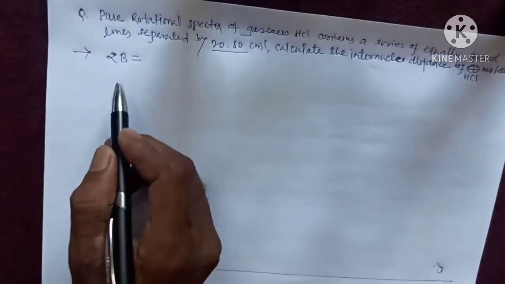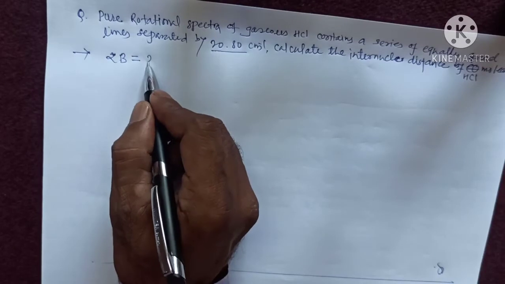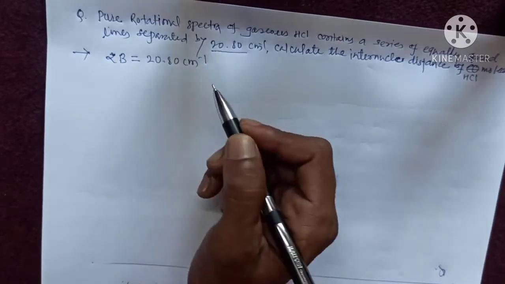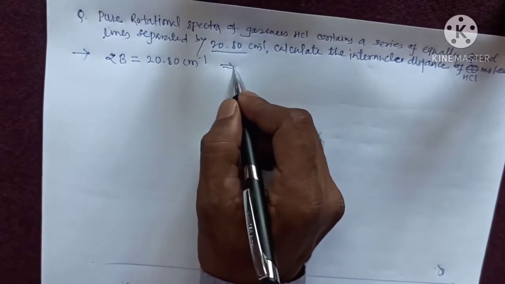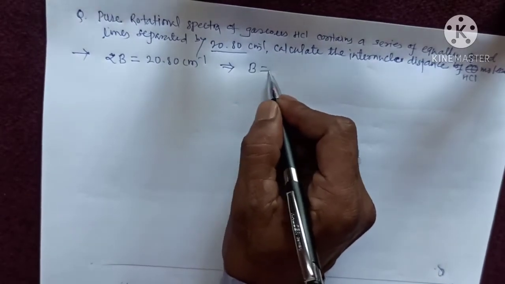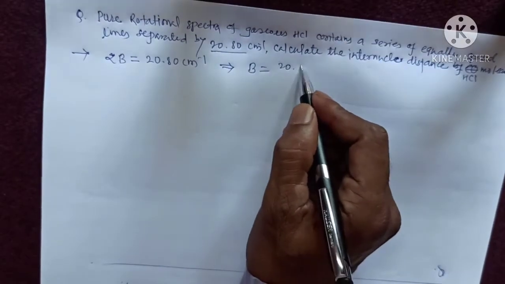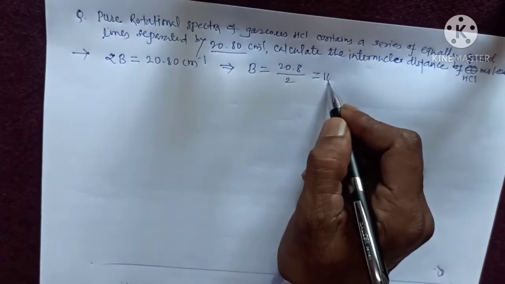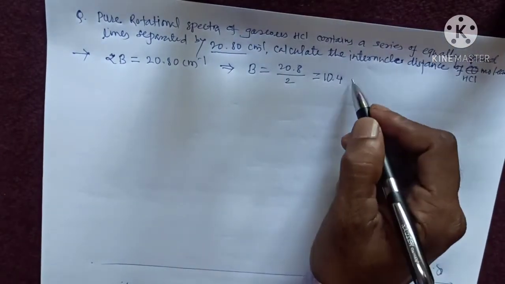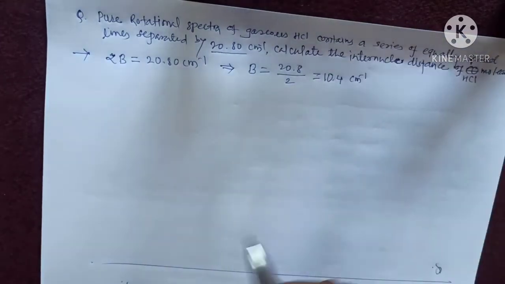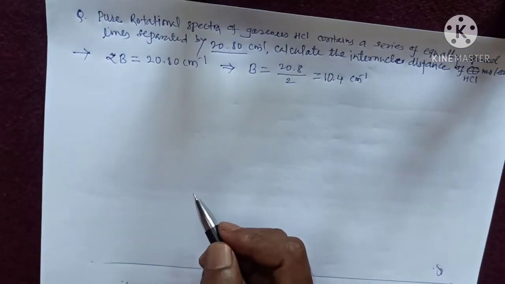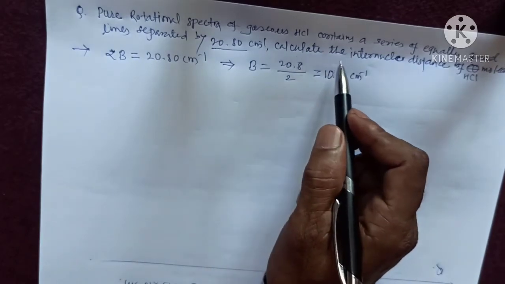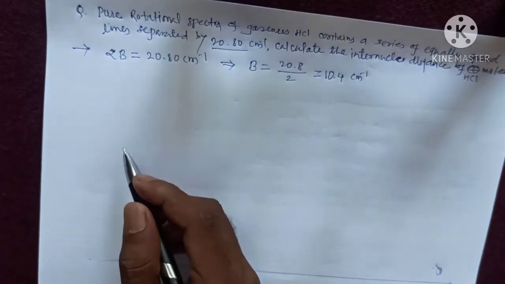So the 2B value is 20.80 per centimeter, which implies the value of B will be 20.8 divided by 2, which is 10.4 per centimeter.